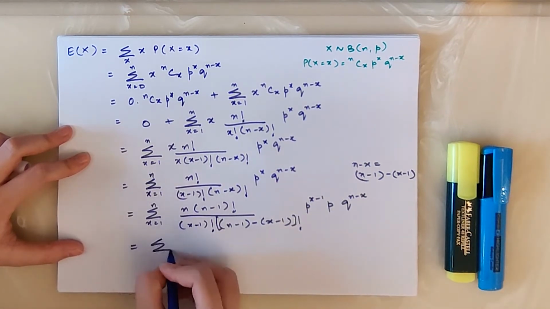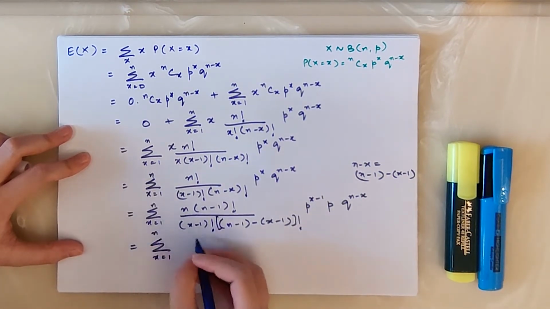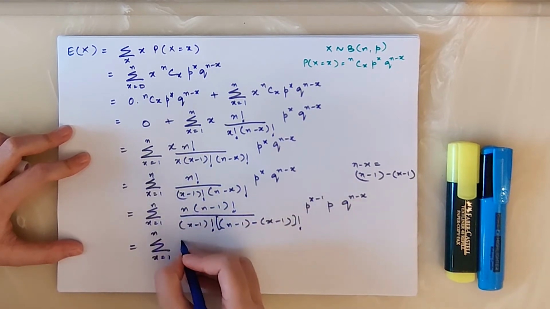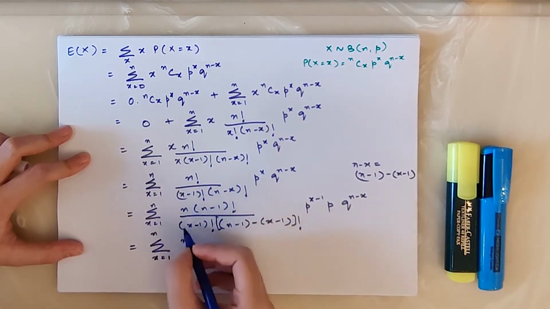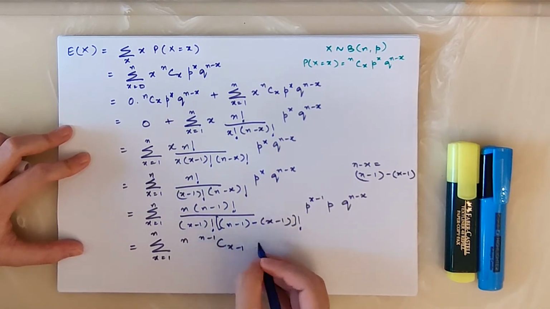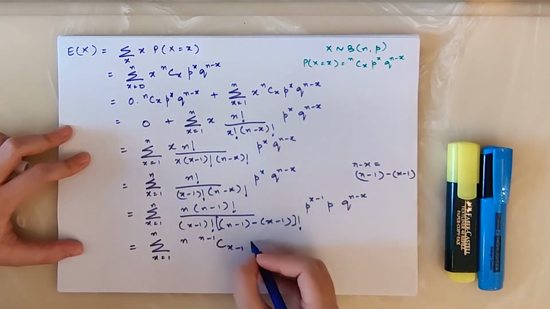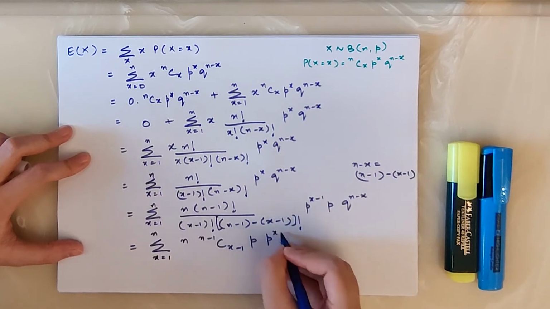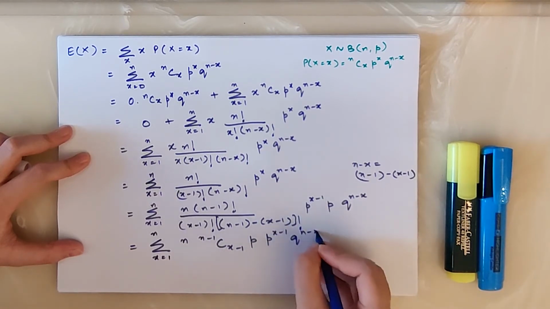So this is equal to summation x equals 1 till n, then let's take n out. So this particular thing is actually n minus 1 C x minus 1, and then we have our p and then p^(x minus 1) q^(n minus x).